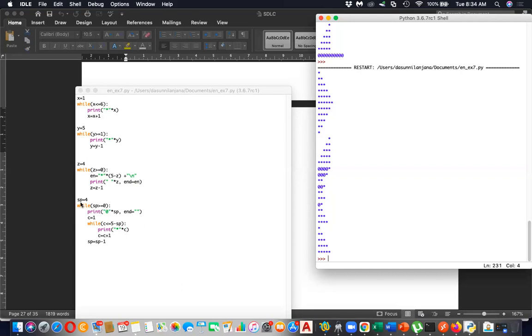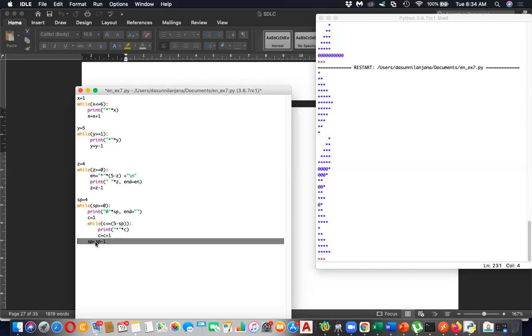SP means spaces, that's a variable. Then at the last you have put SP, it didn't get applied? Which one? 5 minus SP. No, further down, at the end, more down. SP is not there. Here? No, there, so yeah, that.